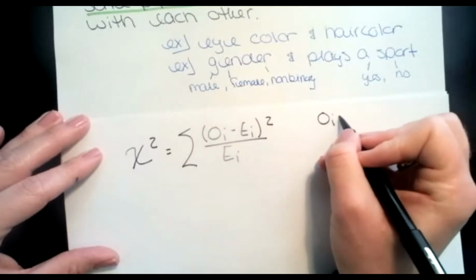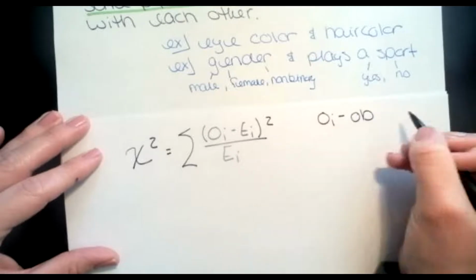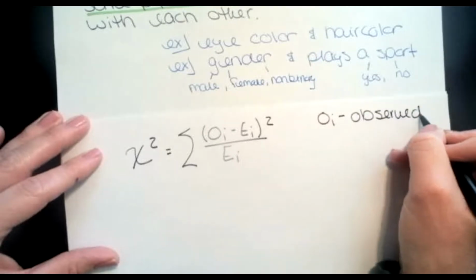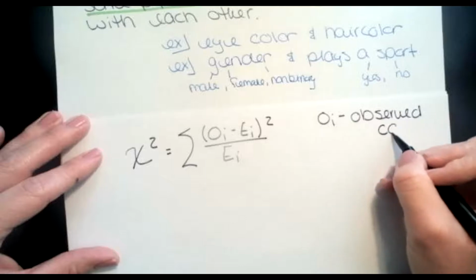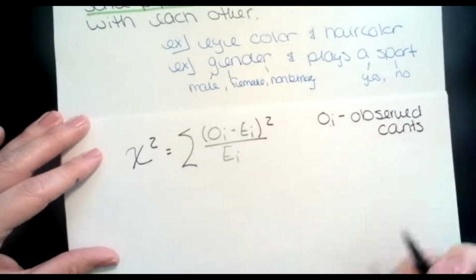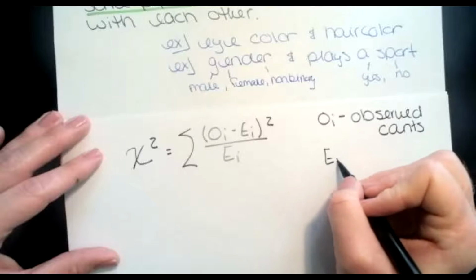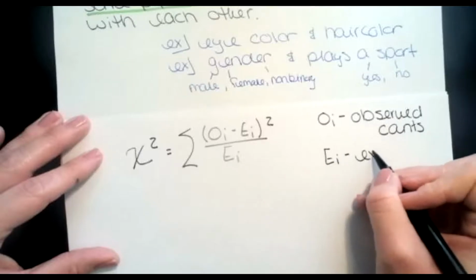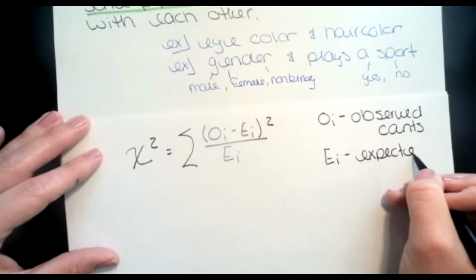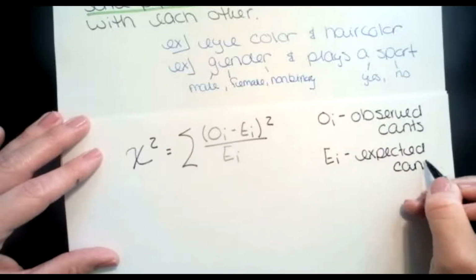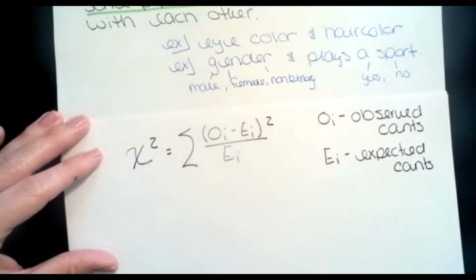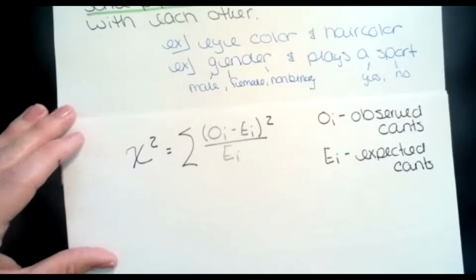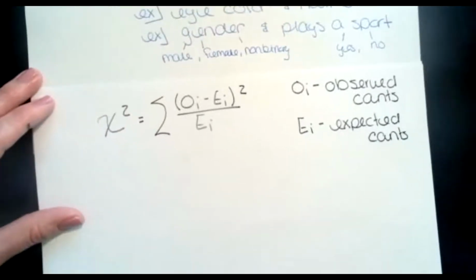So the observed, I'm going to call them counts. That's my O sub i. And then E sub i, my expected counts. Okay. But E sub i is calculated a little different in this scenario than it was last time.